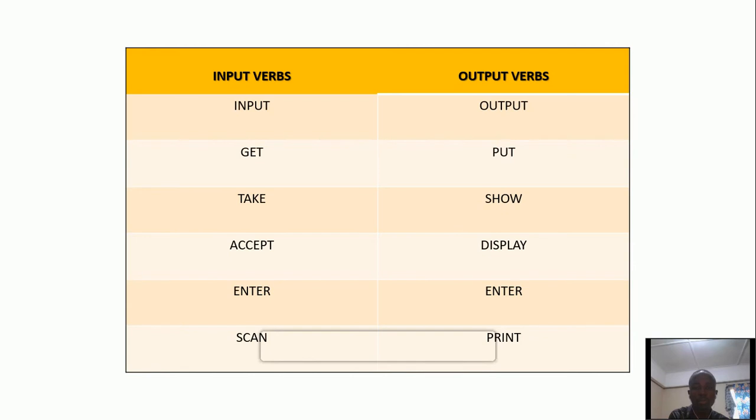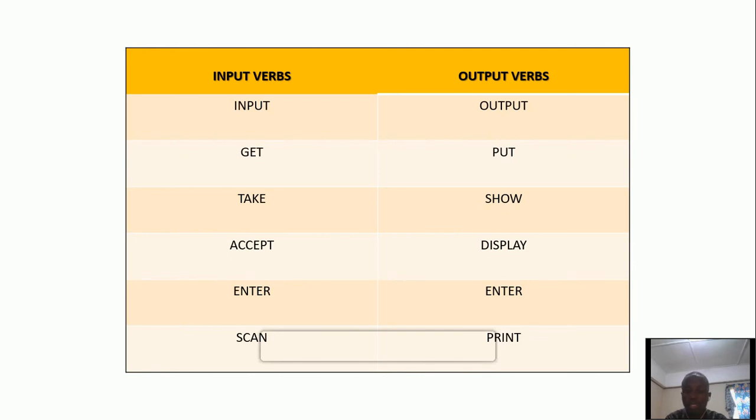Then we come to input verbs. So these are verbs that we use anytime we want to take something from the user. So when I say input your name, I'm expecting you to give me your name. When I say get name, I'm still expecting an input. So get it for me. Take, accept. So with that is the computer that's saying accept name, enter.